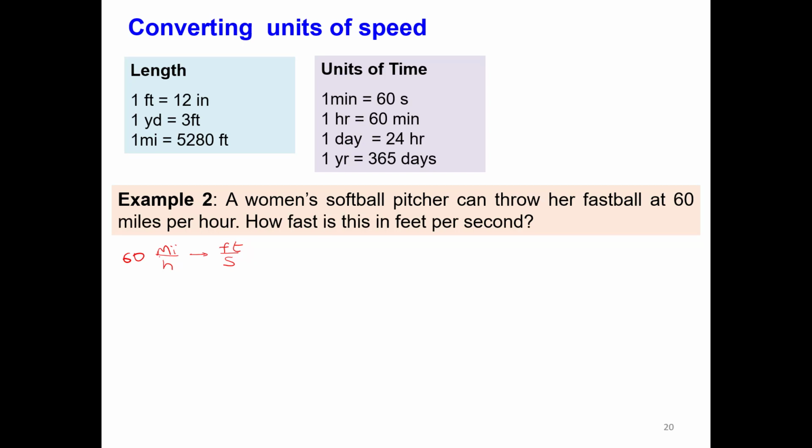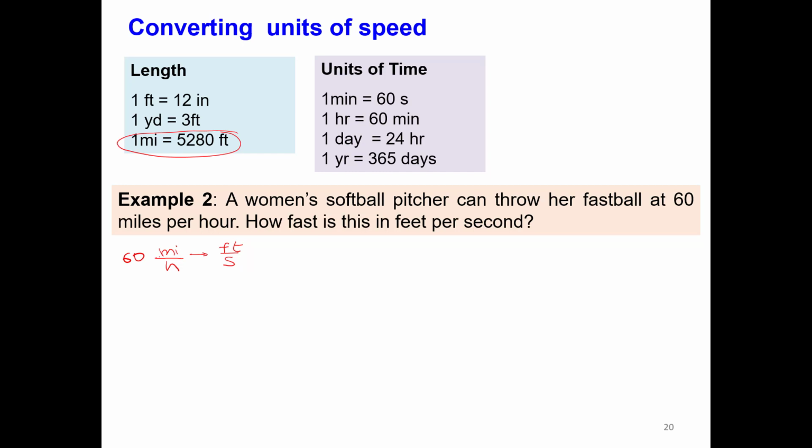Let's see what we have to do. Remember, if you have speed units, we first convert the distance units, and then we convert the time units. To convert miles into feet, we will use this conversion factor.